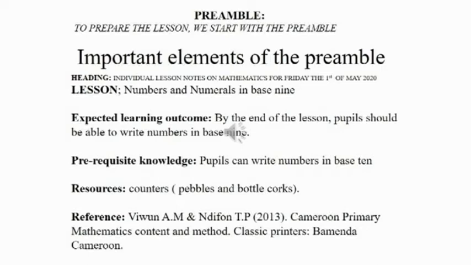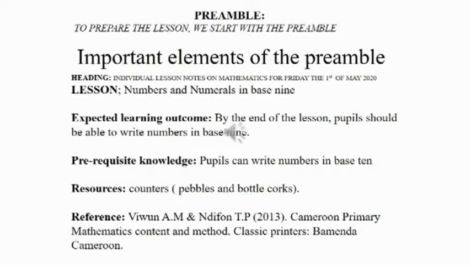The next item, which is also important, is the prerequisite knowledge. Others call it previous knowledge. This can be stated like this: pupils can write numbers in base 10.